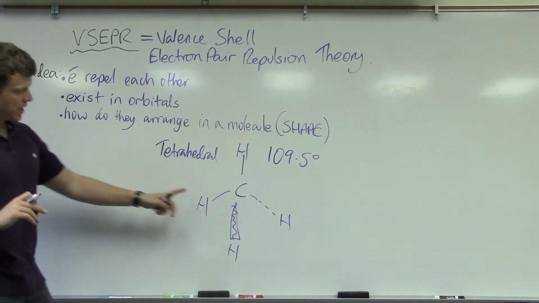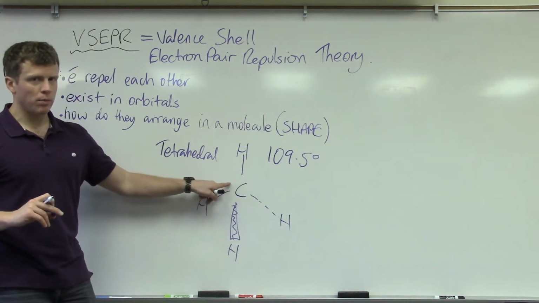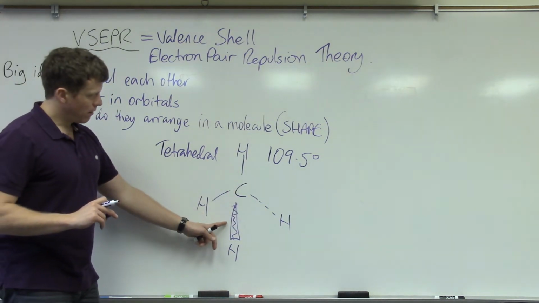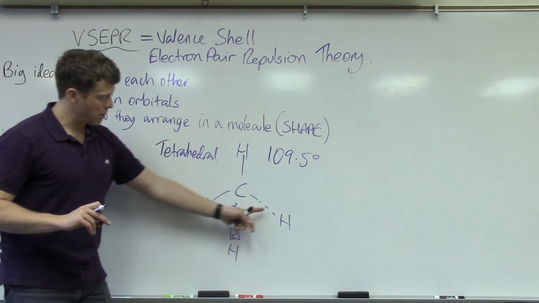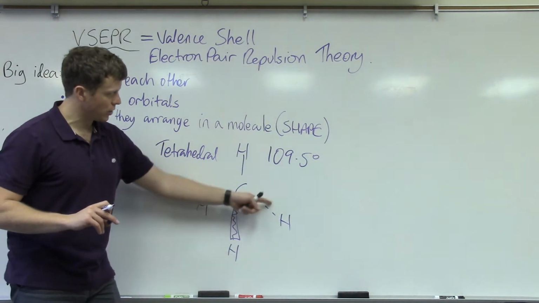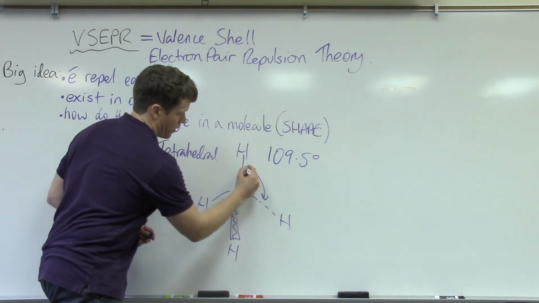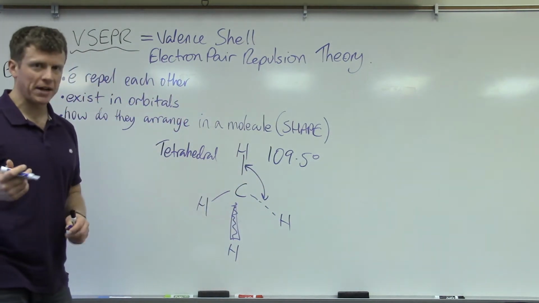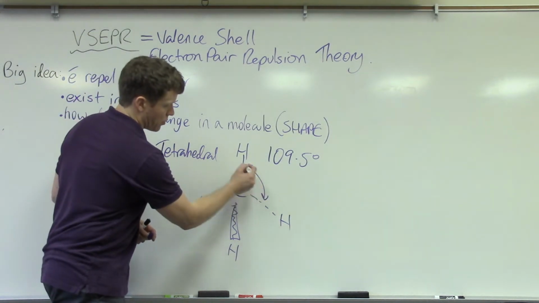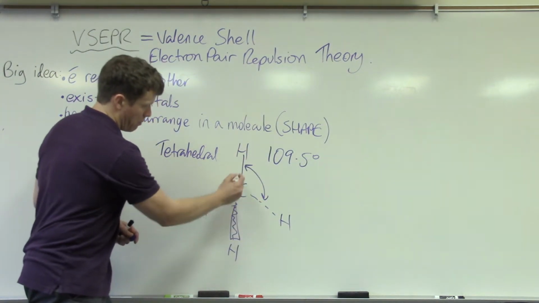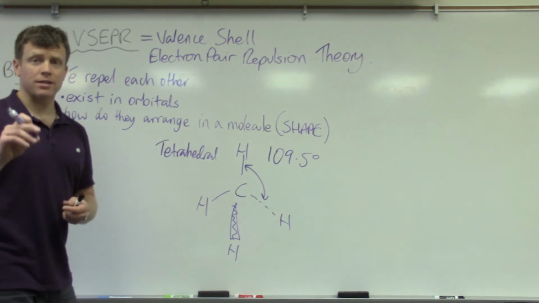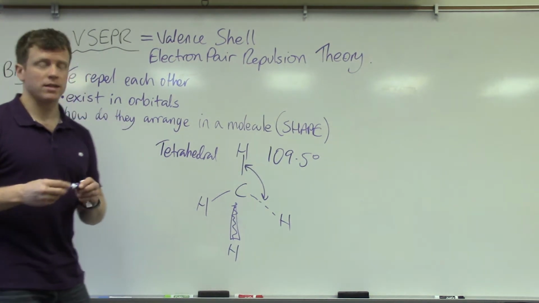So the tetrahedral shape is four equal bonds, zero lone pairs, and the big thing here is these electron pairs all repelling each other. These are all the same angle from each other, so all 109.5. We'll be using the term bond angle, and that's what we mean. This is 109.5, as is every other bond angle. It's a lot easier to see with the models, which we'll be spending quite a bit of time with.